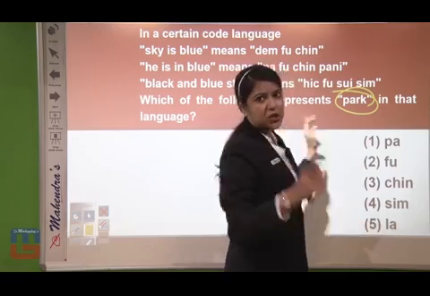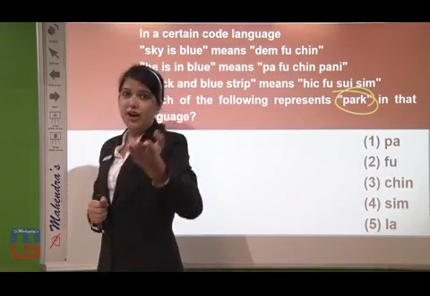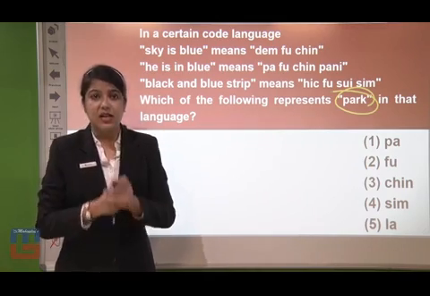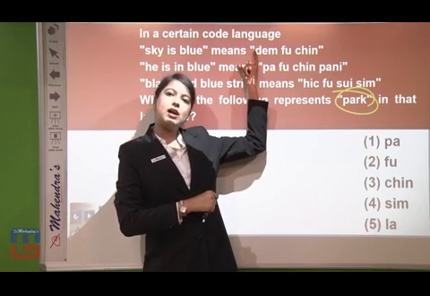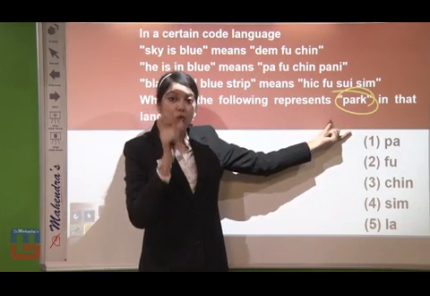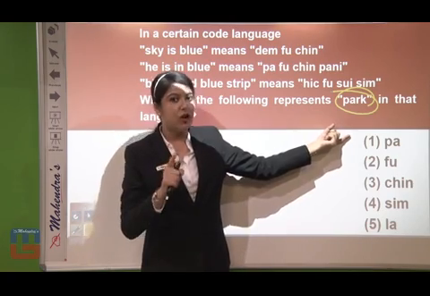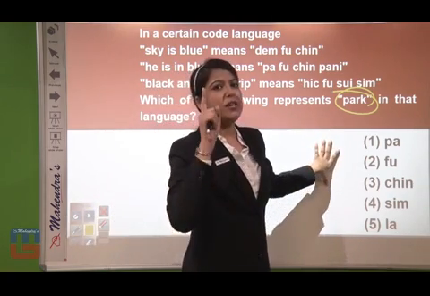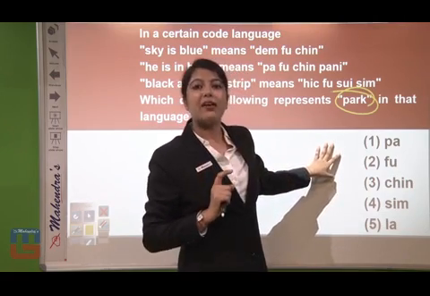This type of question you don't have to solve, because you will not get anything while solving. So why waste time? Park is the newest word, not included in the conditions. So the code for park will be something new provided in the question. Park's code will be that word which is not included in this coding language.